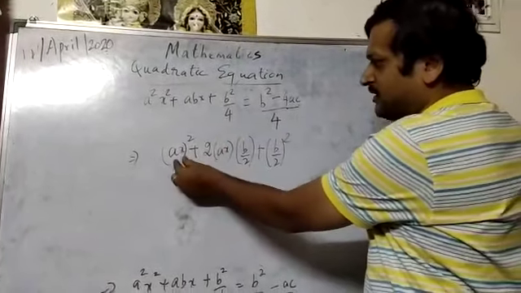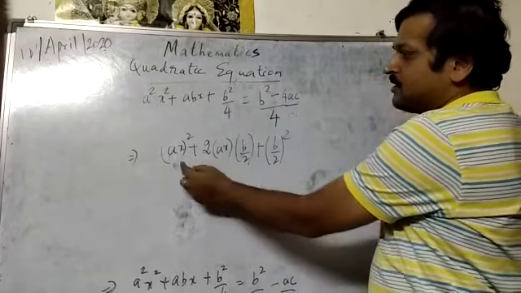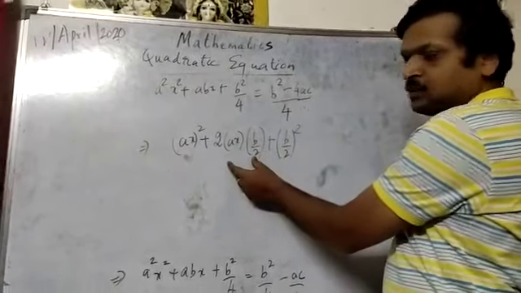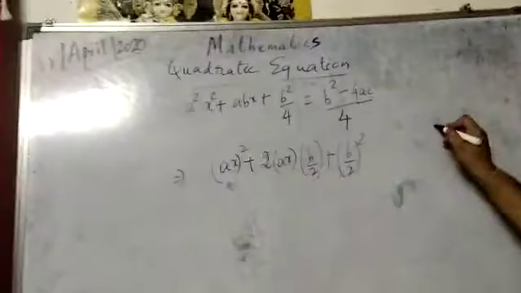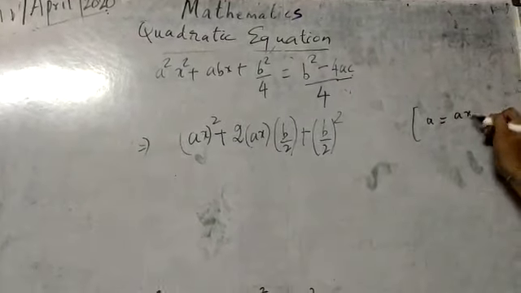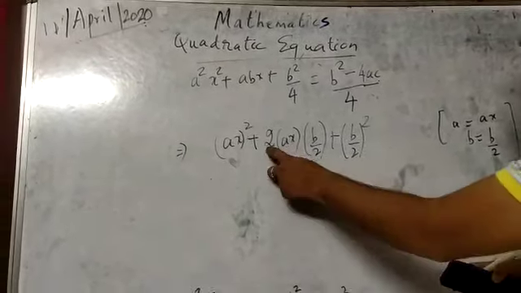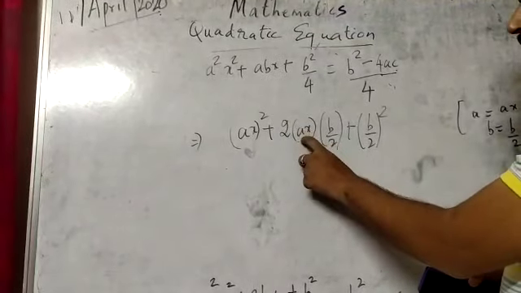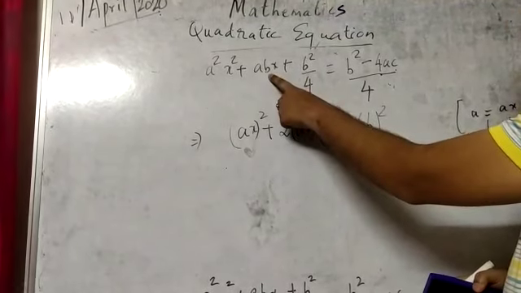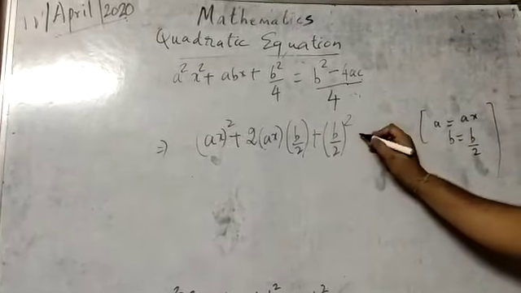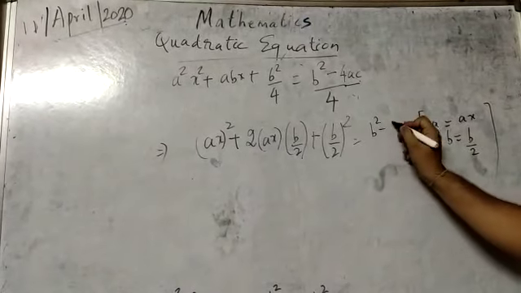When I take this as a and this as b, it is of the form a squared plus b squared plus 2ab, where a is our ax and b is our b by 2. When I multiply, the 2 and 2 will get cancelled. It will be axb, which is our abx, which is equal to b squared minus 4ac by 4.